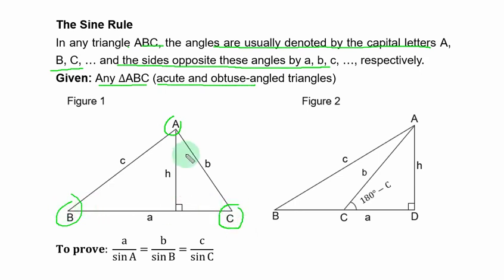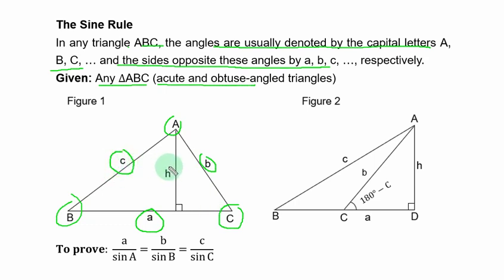Now, the sides opposite these angles are denoted by small letters. Precisely, the side facing angle A is denoted by small letter a, the side facing angle B by small letter b, and the side facing angle C is denoted by small letter c.